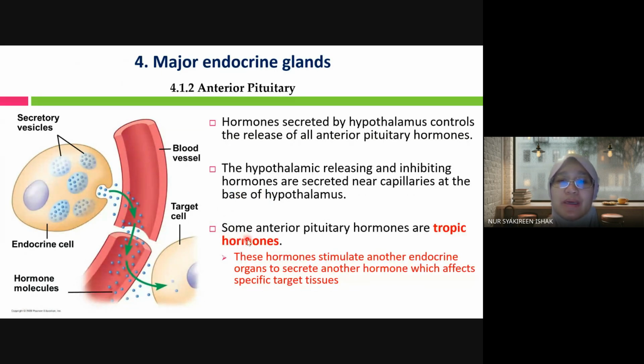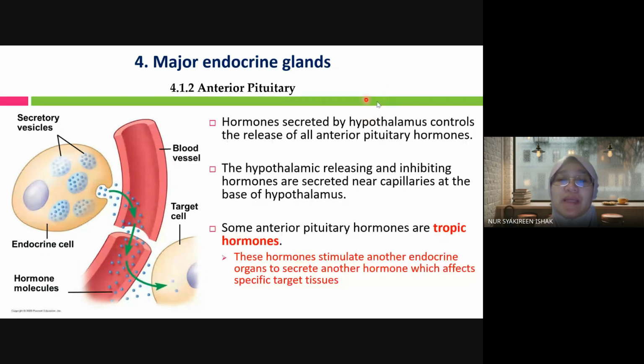Okay, so some anterior pituitary hormones are tropic hormones. I've already explained to you on these terms. Okay, this is the definition. Tropic hormones are hormones that stimulate another endocrine gland to secrete another hormone which affects specific target tissues.